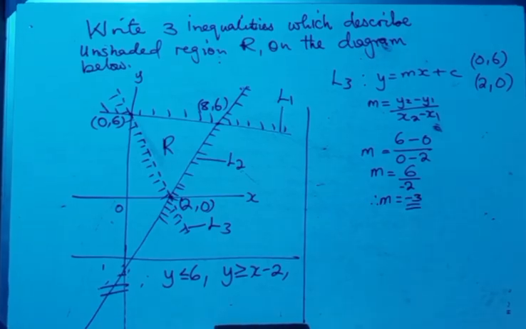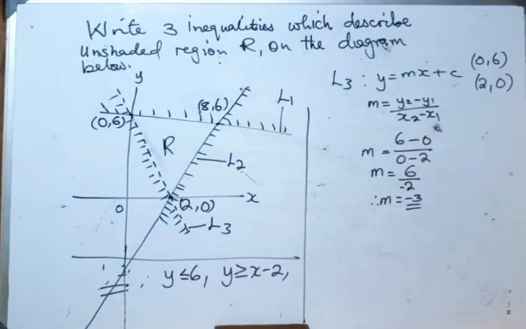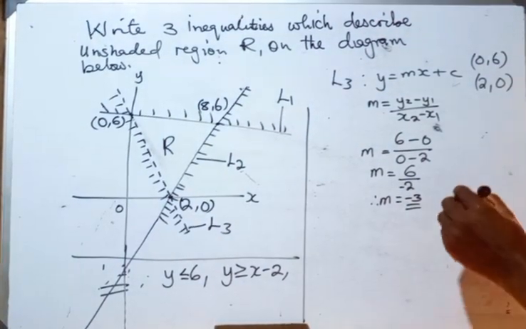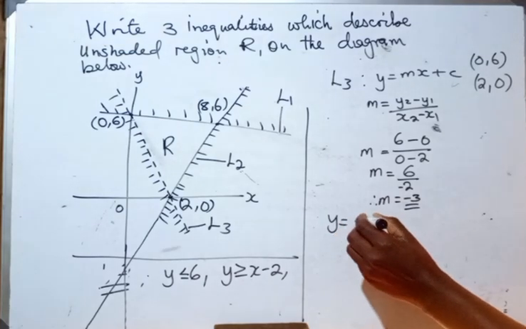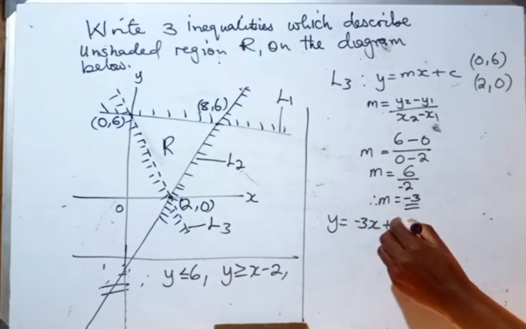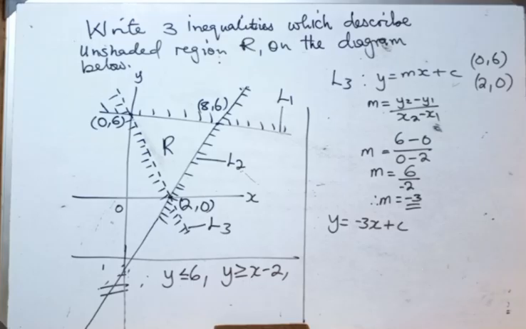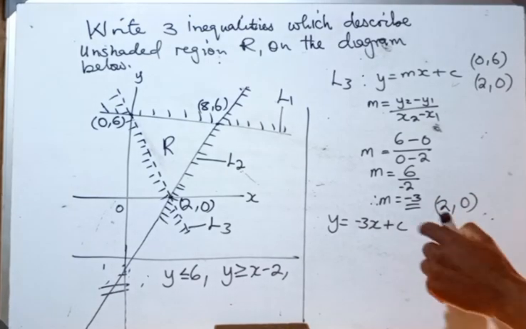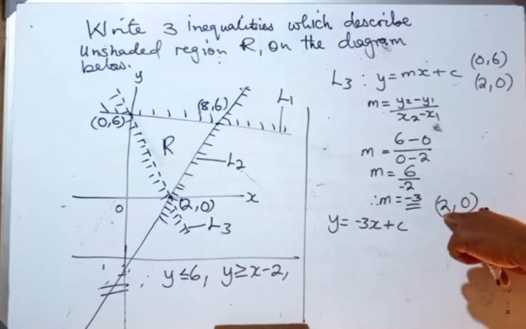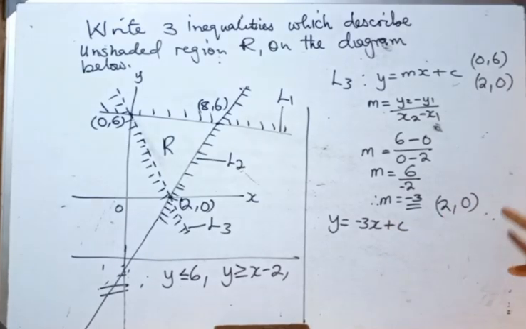Since m is negative 3, what do we do? We are going now to replace where there is m with negative 3, so it will be y equals negative 3x plus c. We now choose any of these two coordinates. With me, I'll go with the second coordinate, which is 2,0. I replace where there is x with 2, and where there is y with 0.